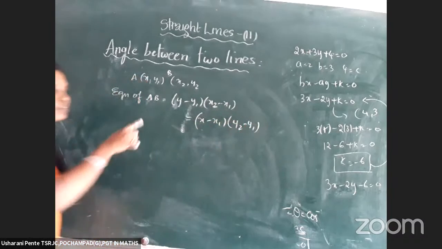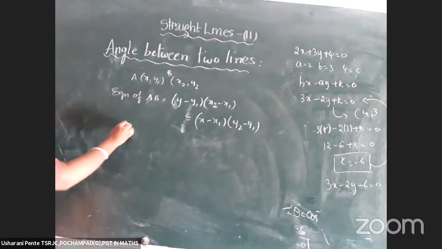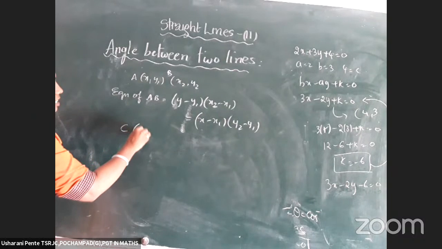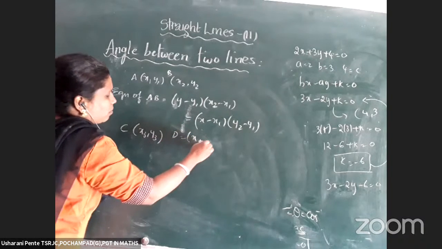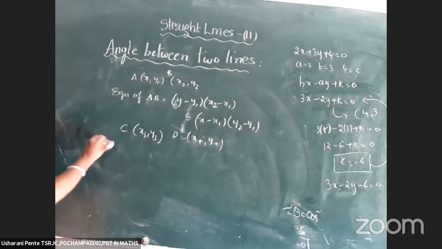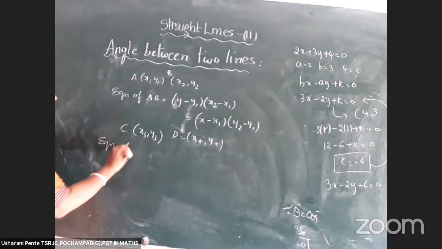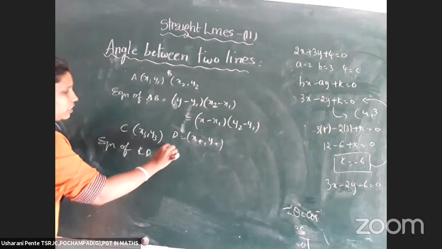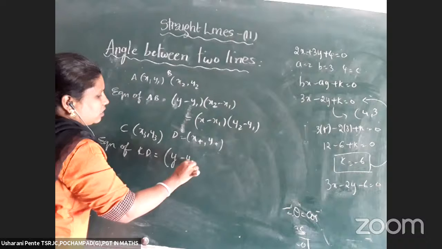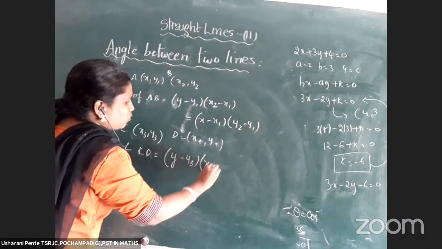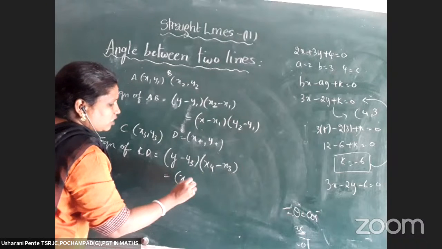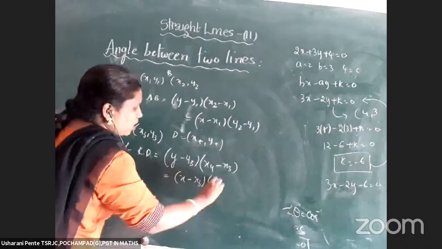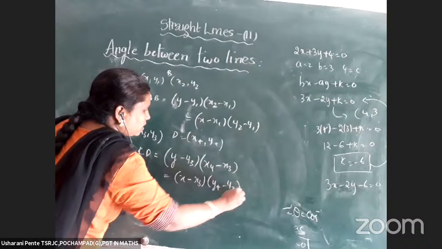This is the way we find the equation of a line. If we take another two points, let C be (x3, y3) and D be (x4, y4), then the equation of CD is given by (y minus y3) into (x4 minus x3) is equal to (x minus x3) into (y4 minus y3).